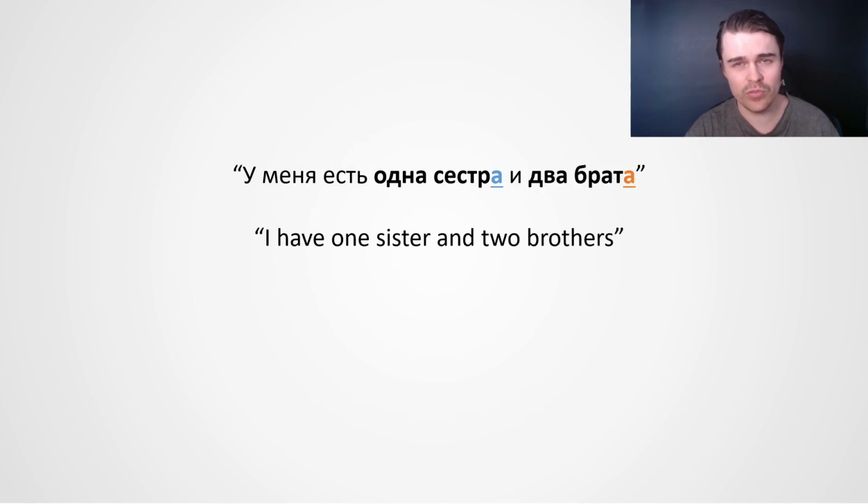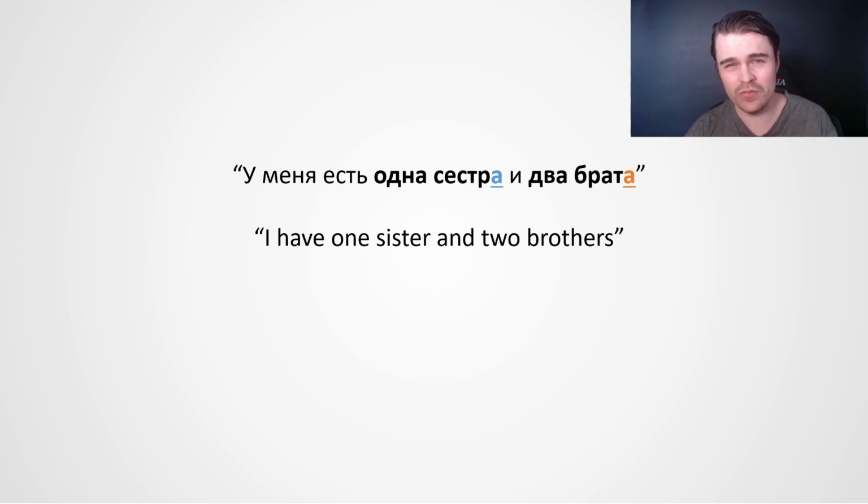Let me give you some examples. У меня есть одна сестра и два брата. First of all we have одна, because sister is feminine. And then we use два for brothers. One thing that's really confusing for me is that when it's feminine for one, you add an A to the end, одна сестра.